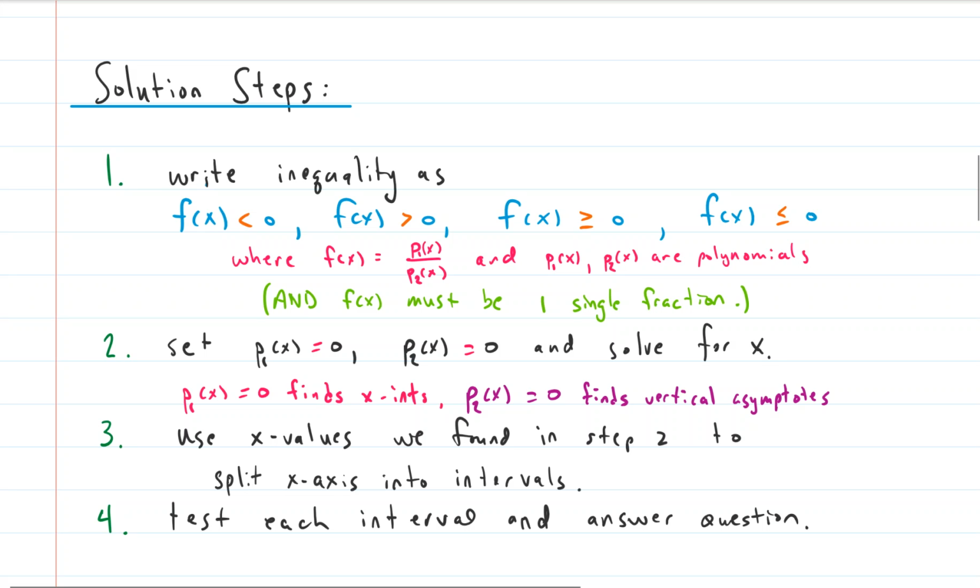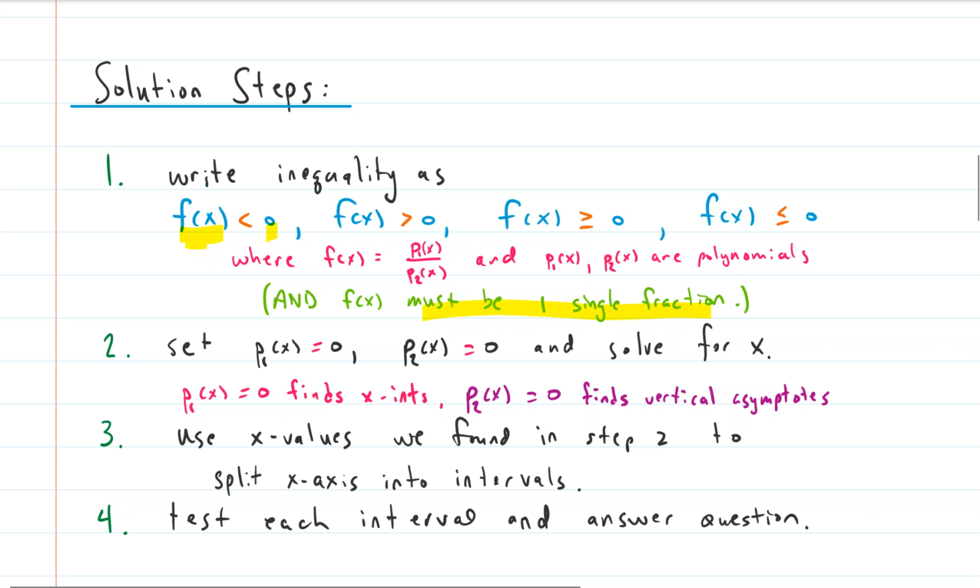So the first thing you do is make sure you have it written in standard form, which is everything in the inequality on one side and 0 on the other. So if you have your rational inequality, first of all, you need to make sure that it is one single fraction, not multiple fractions added together, say 2 fractions or 3 fractions.